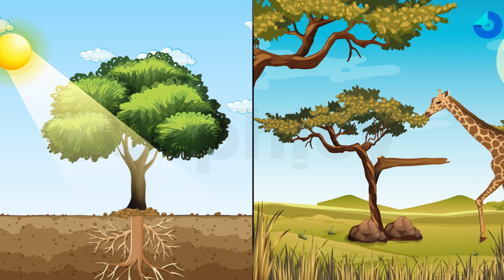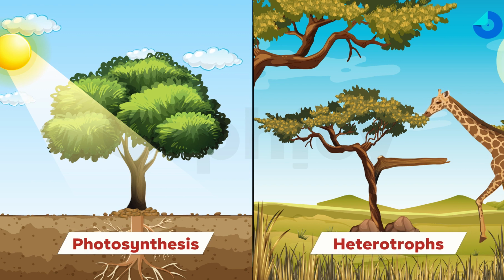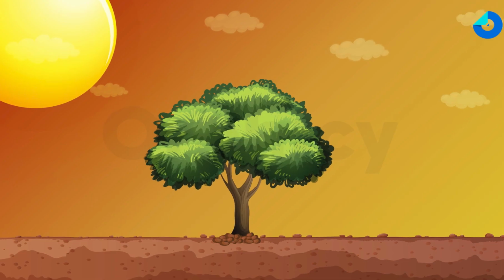Plants are autotrophs, therefore they require specialized cells and tissues which help them perform photosynthesis. Similarly, animals are heterotrophs, and in order to consume nutrition from outside sources, they require their own set of specialized tissues.